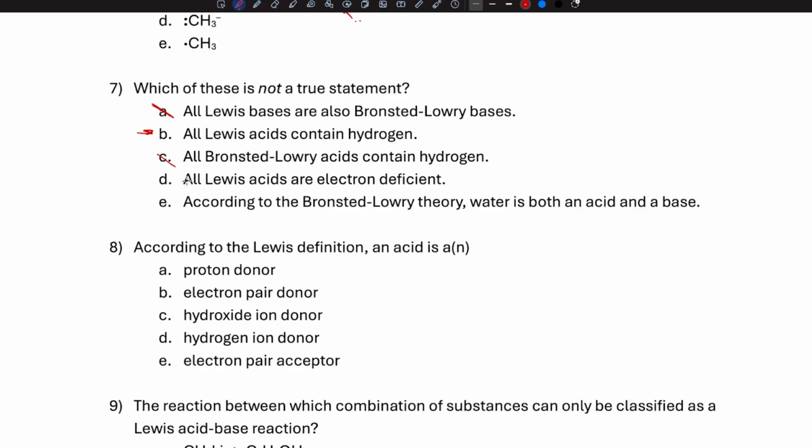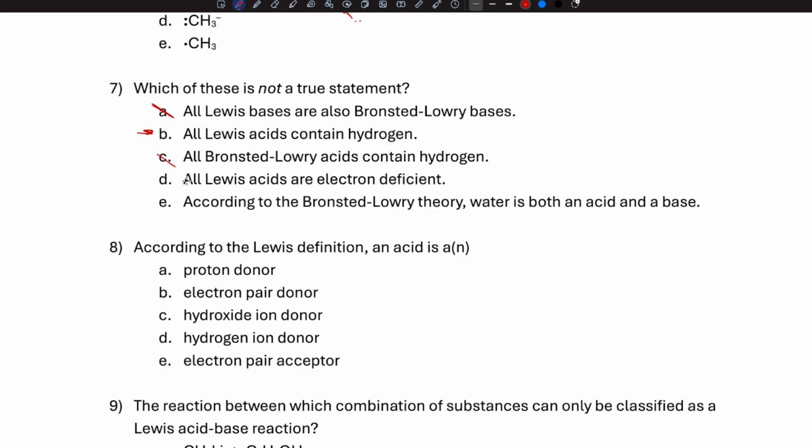All Lewis acids are electron deficient. This is a concept that we're going to go into more depth on later, but if you just understand the general vocabulary, deficient means you're missing electrons or you're out of electrons. If you look back at our examples, a molecule like boron trifluoride might not have a lone pair when it's neutral, but it could get one, right?